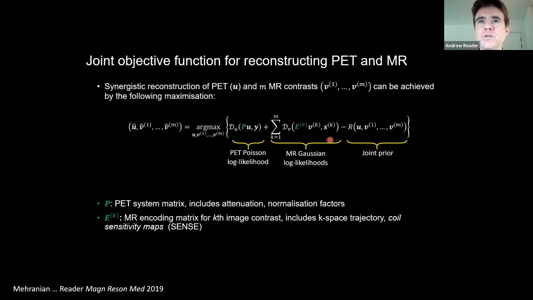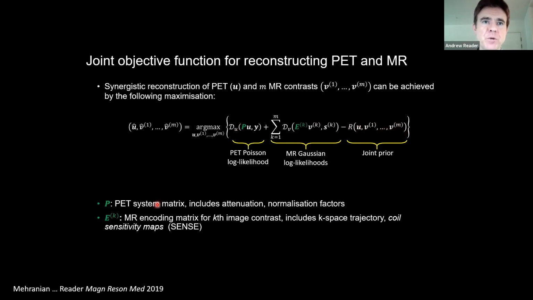So to be clear, k here doesn't mean iteration number, it means a particular contrast. So this could be T1 weighted, T2 weighted, FLAIR, ASL, whatever it is that you've got, your whole series of parametric MR images. And here we just have one PET image u. So that superscript k is talking about the contrast, if you like. And so now we have a joint prior that's based on your PET image and up to, for example, here, M different MR contrasts.